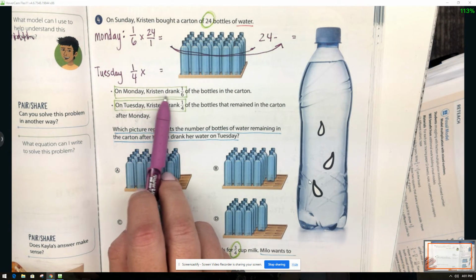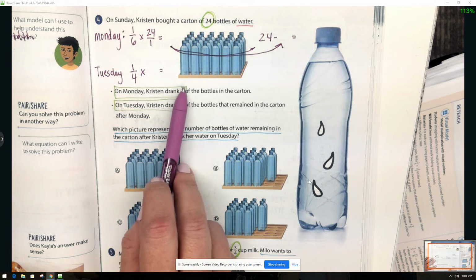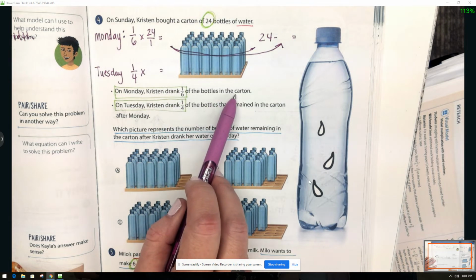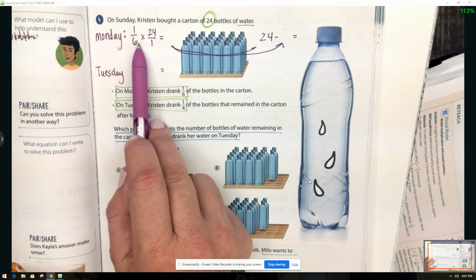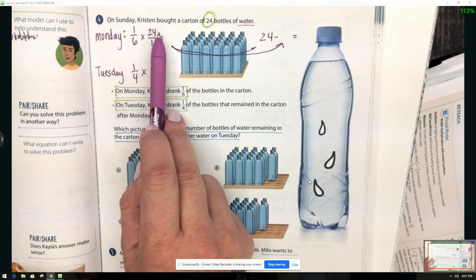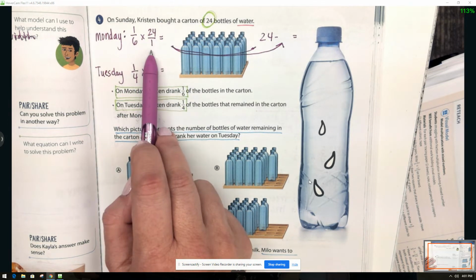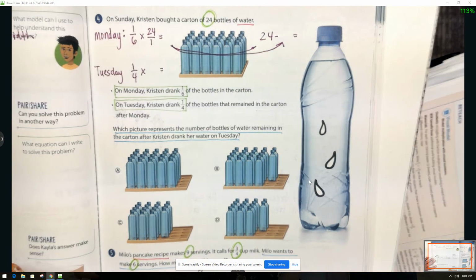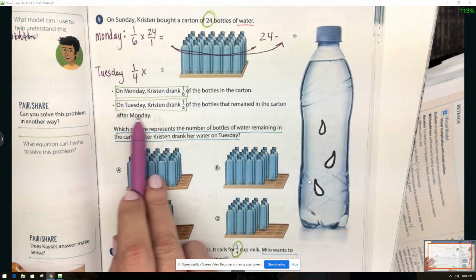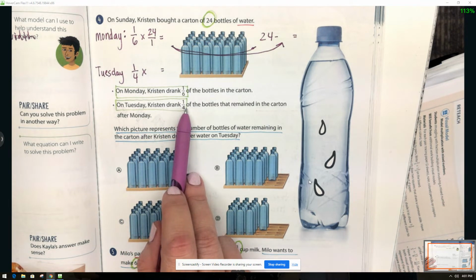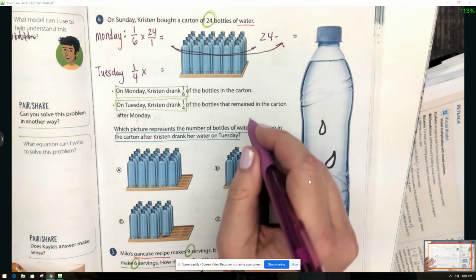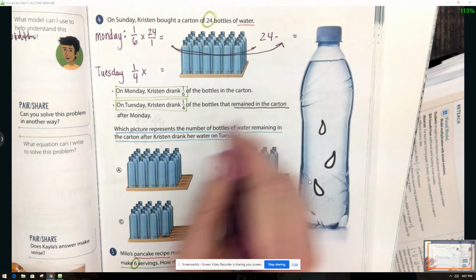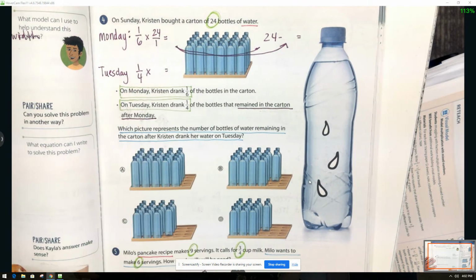On Monday, Kristen drank 1/6 of the bottles in the carton. So on Monday, she drank 1/6 of 24 bottles. And I already turned that 24 into a fraction just so we had that ready to go. Then on Tuesday, Kristen drank 1/4 of the bottles that remained in the carton after Monday.